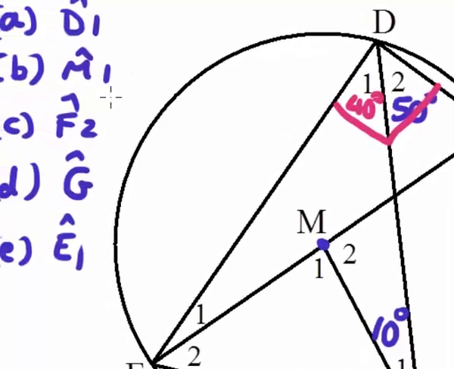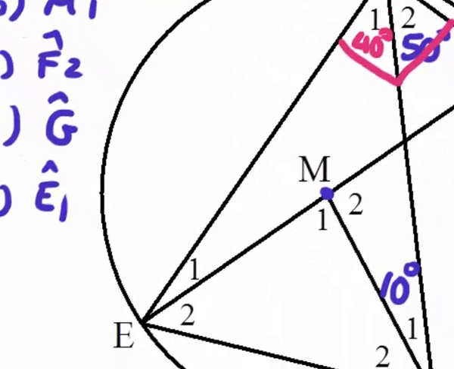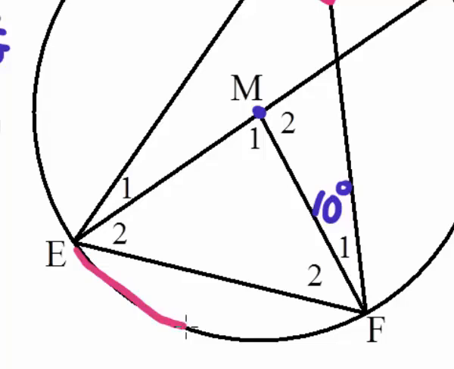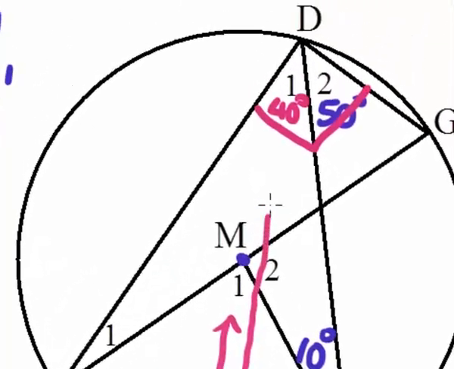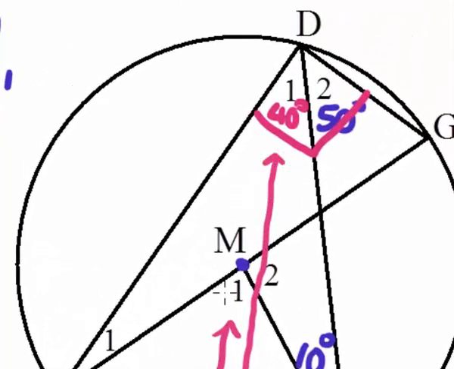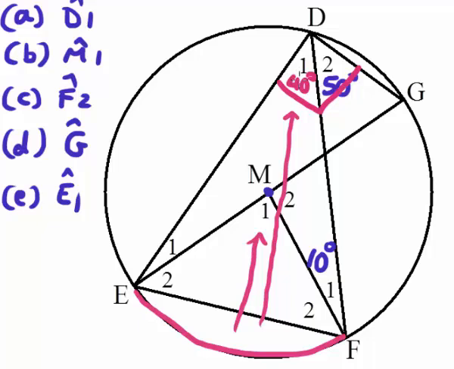Okay, now M1. Well, that's classic. Look at this arc EF. An arc EF subtends an angle at the center and an angle at the circumference. So M1 is double D1. So M1 must be, if we think about it, what's that going to be? I'm just going to remove those arrows for some space. Here we go.